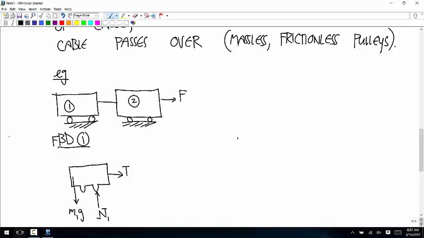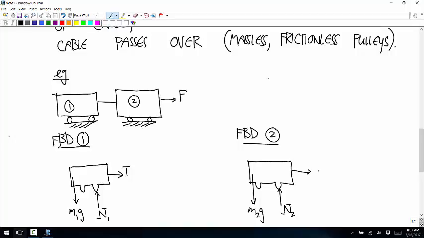And then if we draw a free body diagram of body 2, that has a weight of M2G, a pushing contact, normal 2, this applied force F, and then the cable applies a force parallel to the cable, away from the chosen body.